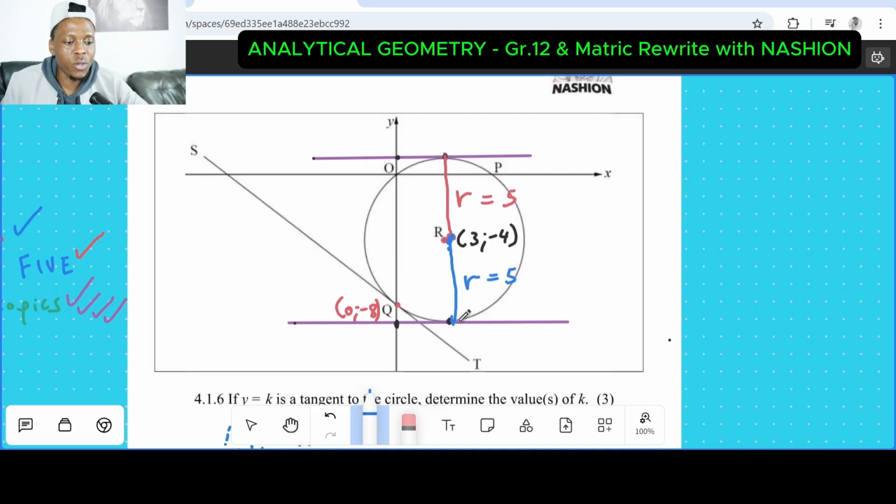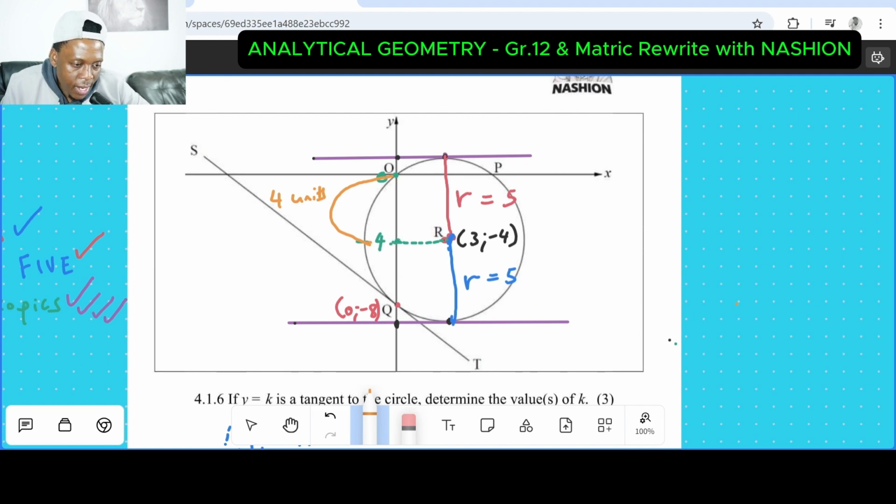So let's see what the y values are. It really helps to measure everything from the origin, where everything is 0. So from here to the center, you see what the y value is, negative 4. So from 0 up to right here, we have the y value, which is negative 4. In other words, this part right here is 4 units.